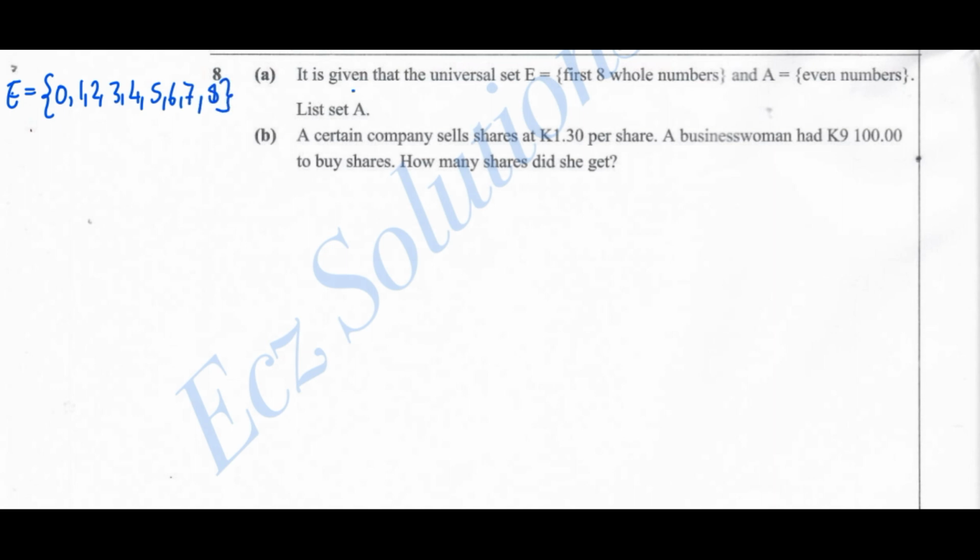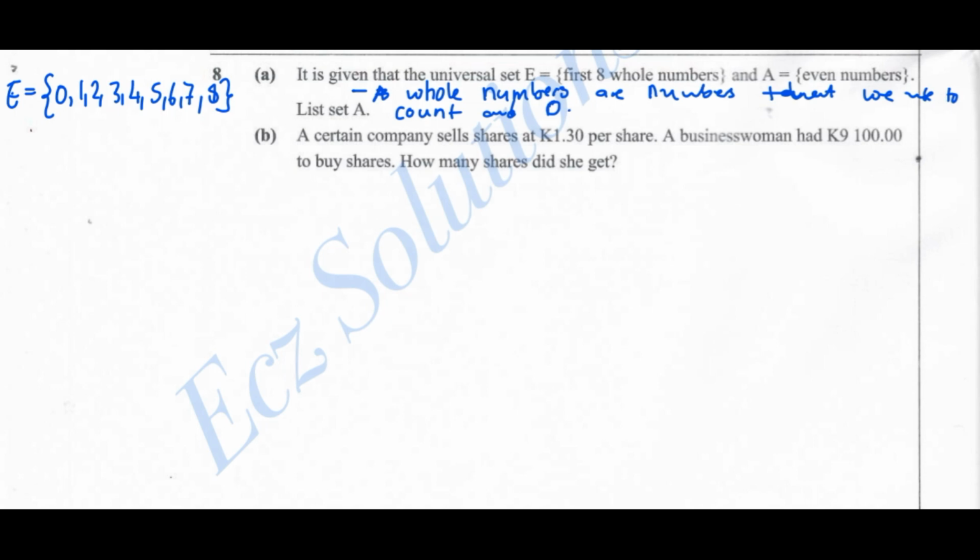So a whole number is a number that we use to count, not only count. The key point is they start from 0.